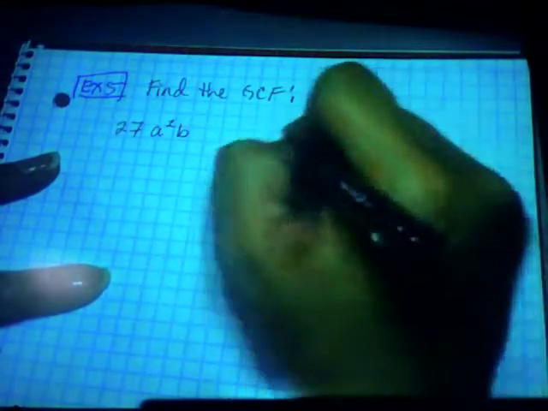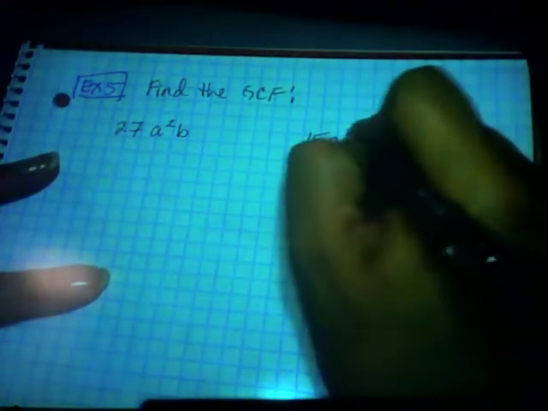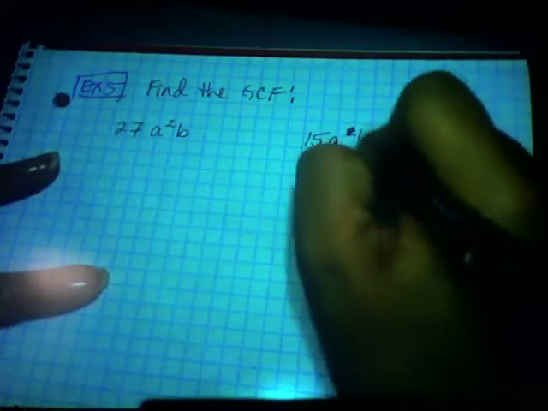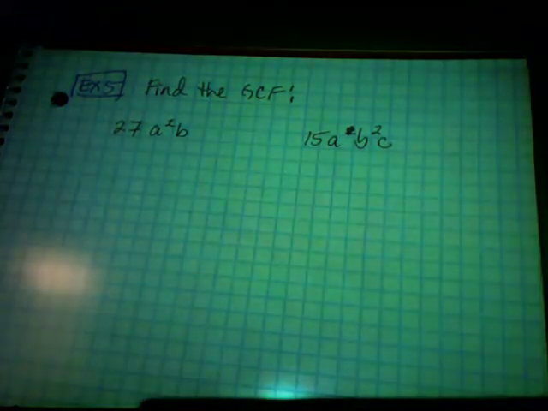And here's where you might start to see the shortcut. We've got 27a squared b, and then 15, I'm sorry, not a squared, a b squared c.